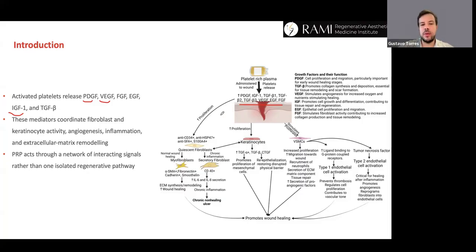Some of them are going to proliferate fibroblasts, some of them are going to proliferate keratinocytes. And obviously, we also have the vascular endothelial growth factors that are mostly going to drive proliferation and migration of cells that are going to do actual vasculogenesis or angiogenesis.